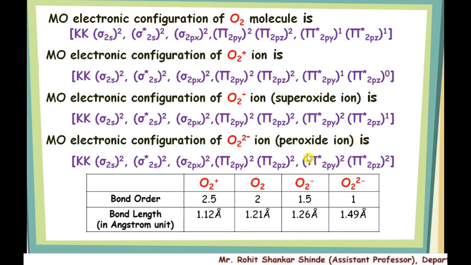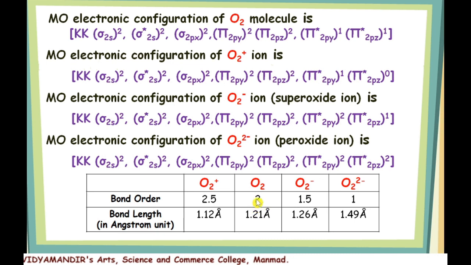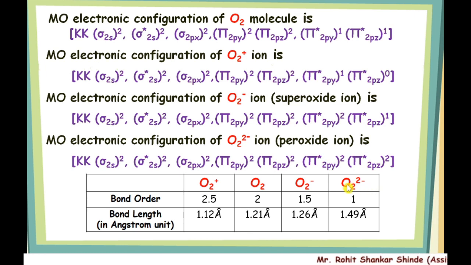Here bond order decreases as the number of electrons in pi anti-bonding molecular orbitals increases. O2 plus ion has bond order 2.5. In O2 molecule we have seen bond order is 2. In case of O2 minus ion, that is superoxide ion, bond order is 1.5, while in O2 2 minus ion, that is peroxide ion, bond order is 1. So as the bond order decreases, bond length increases.